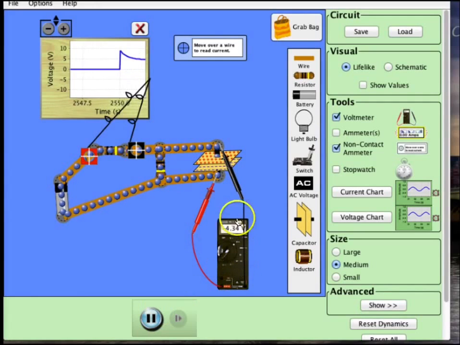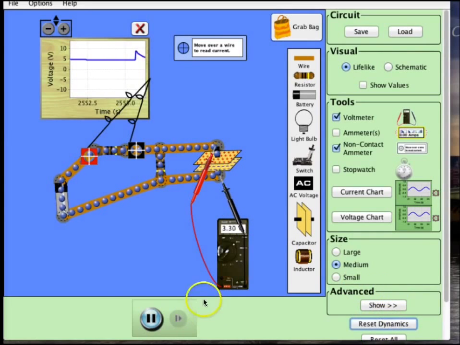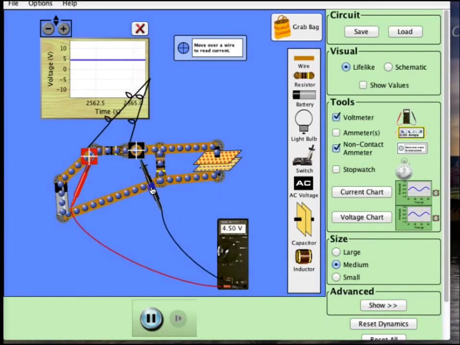And you're going to see that the voltage across my capacitor is going to increase. Let's see that again. It's going to increase, but now it's not going to increase to the voltage of the battery. Okay, so it's only increasing to about 4.5. That means you should expect, if my battery is 9 volts, then this resistor should also be 4.5.